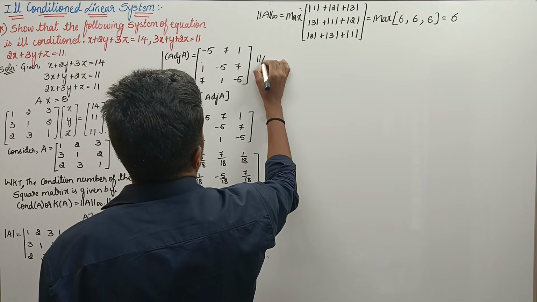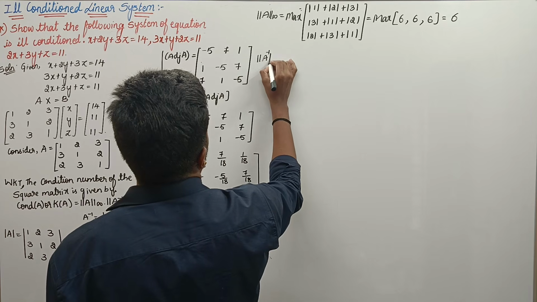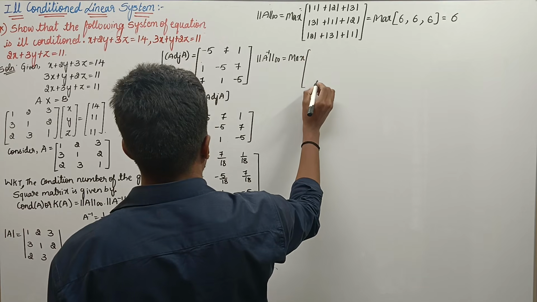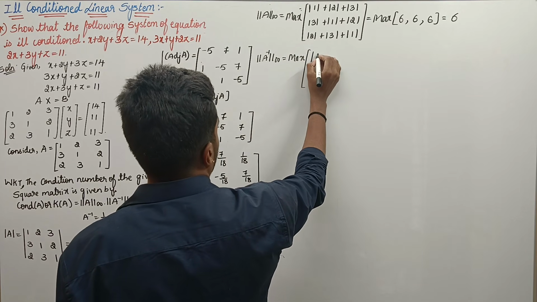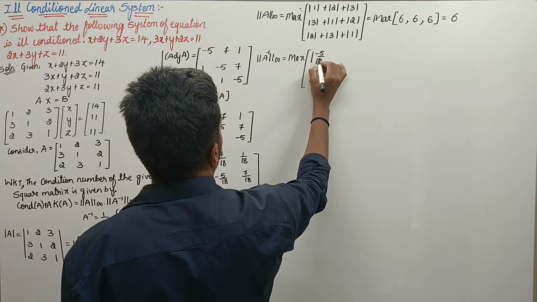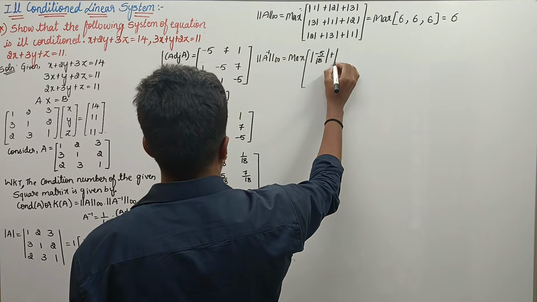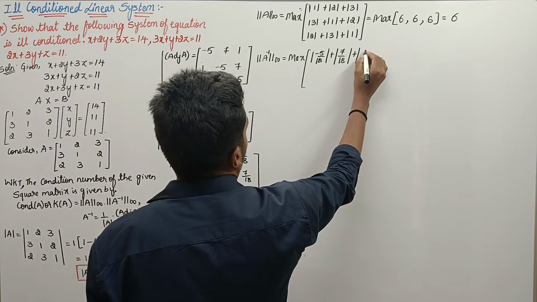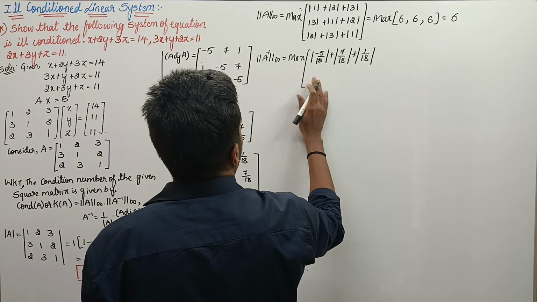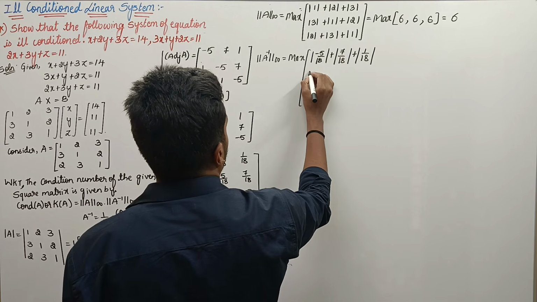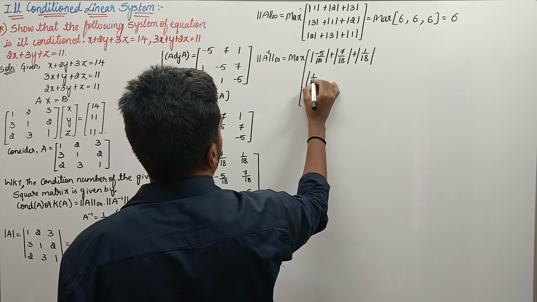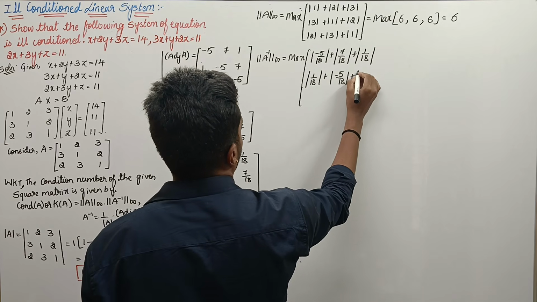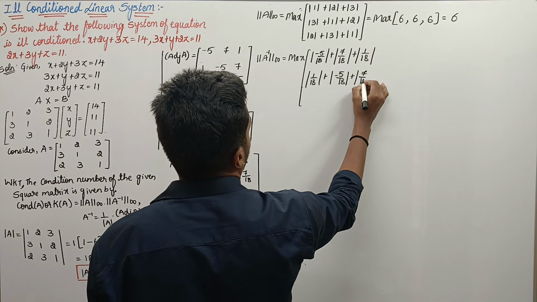Next, norm A inverse infinity, which is equal to the maximum of modulus minus 5 by 18 plus modulus 7 by 18 plus modulus 1 by 18. Next row: 1 by 18 plus modulus minus 5 by 18 plus modulus 7 by 18.